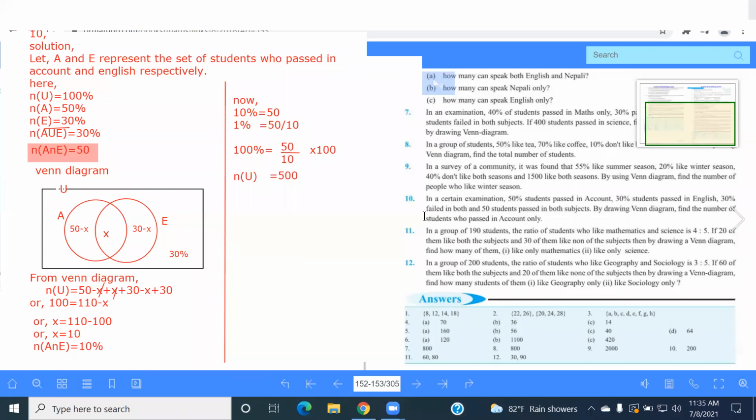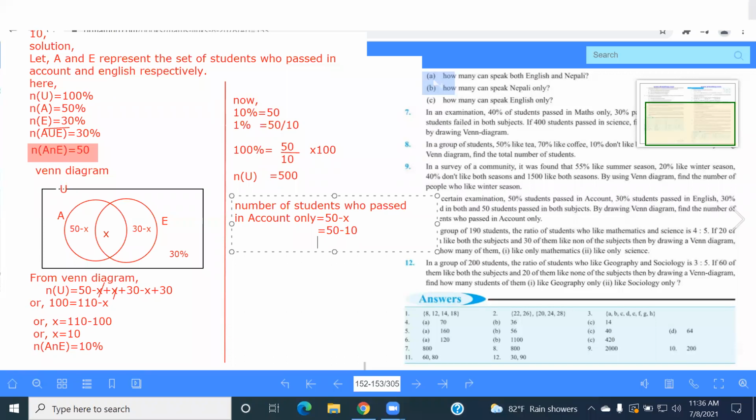Now you have to find who passed in account only. The number of students who passed in account only is 50 minus X, which means 50 minus 10, 40%.